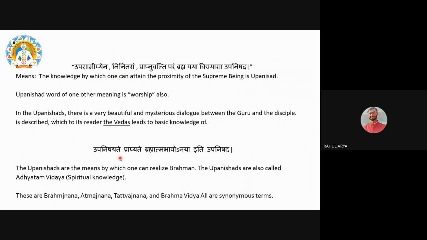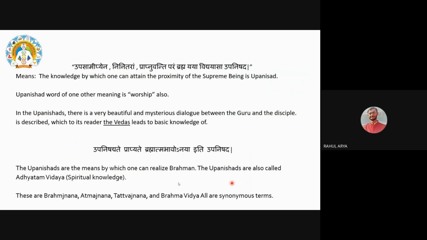Next is Upanishadyate Prapyate Brahmatma Bhavonya iti Upanishad. It means the Upanishads are the means by which one can realize Brahma. Already I have told you, if the discussion is about Brahma, that text only we consider as Upanishads.